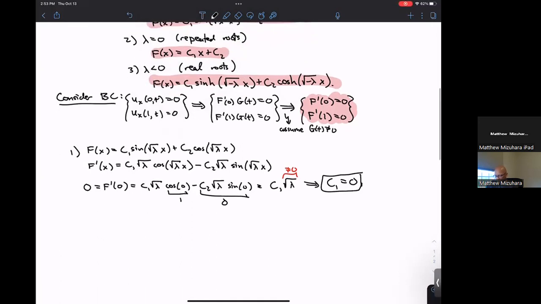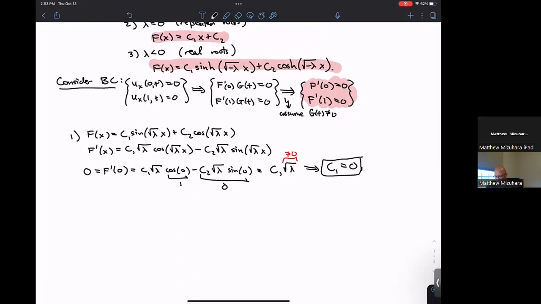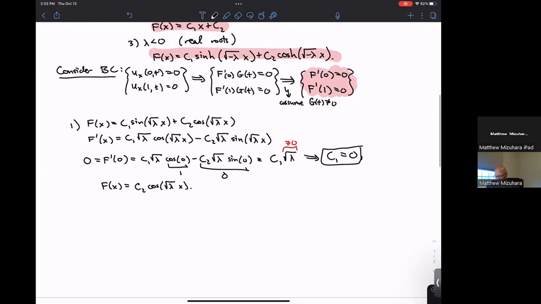Cool. So that tells me that my f of x, which used to be some sum of sine and cosine, if c1 is 0, must only be c2 cosine of root lambda x. But let's plug in our second boundary condition to see what happens there. So f prime of 1 also should be 0.